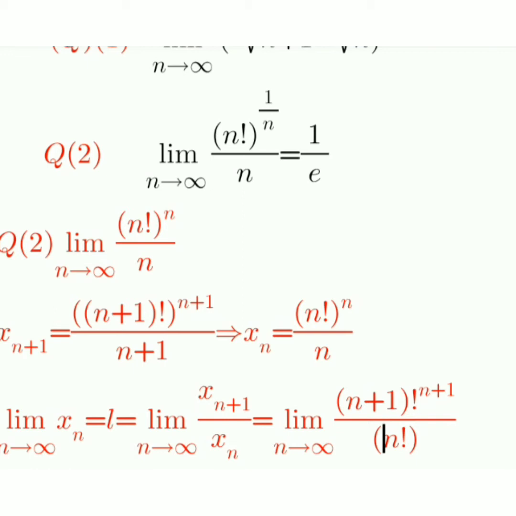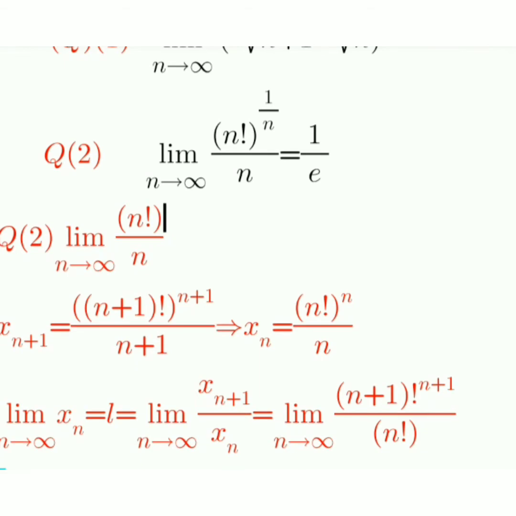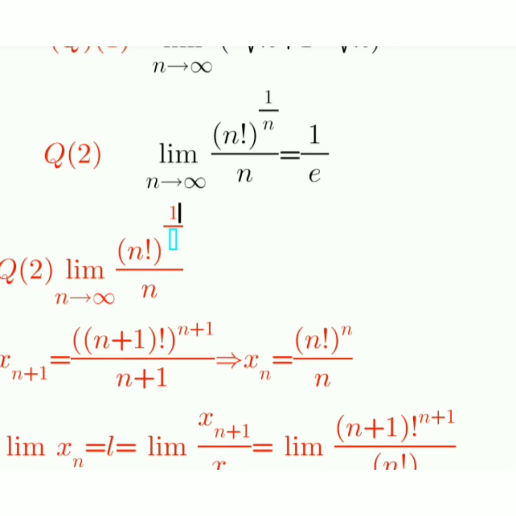Okay, there is some mistake here. It is not n, this is 1 by n, friends.